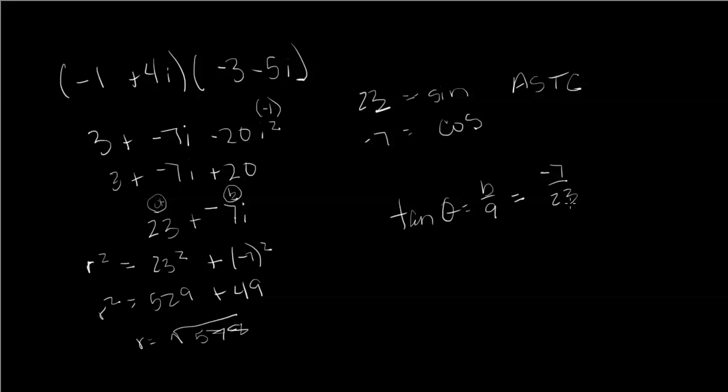So theta would equal negative 16.92 degrees. Well, this does not exist on our coordinate plane, our complex plane. So we're going to add 360 degrees to this so that theta equals 343.08 degrees.